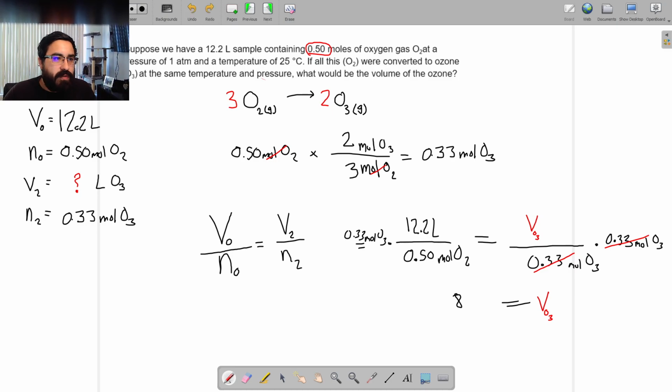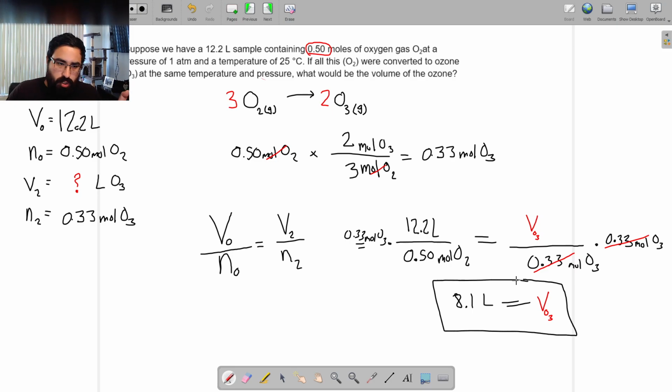So 8.05, we're going to round that up to 8.1, and the units for volume were liters, so we're going to leave that right there. And that's how many liters we have of ozone. All right, so there you have it, Avogadro's law. If you want to keep watching, I'm doing another example, but if not, have a good day.